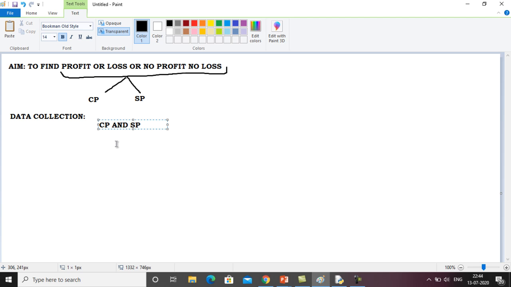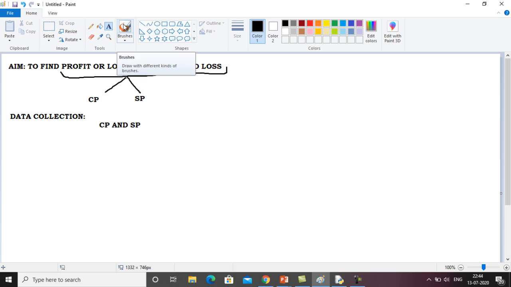As we know, there are three categories, three forms in which we can take the data. Either the value of the data is given in the question, or if it is not given in the question, then some criteria must be there, or if there is no criteria, then obviously we have to take the value from the user.